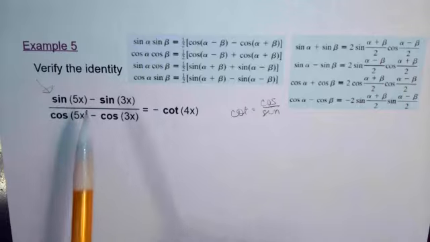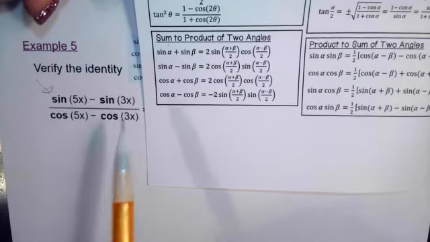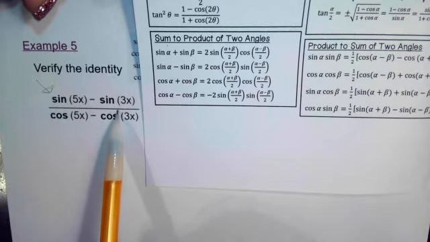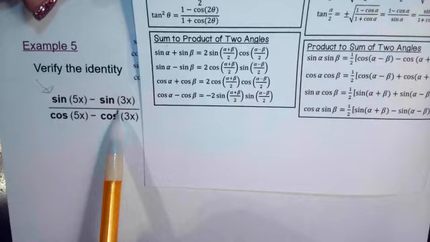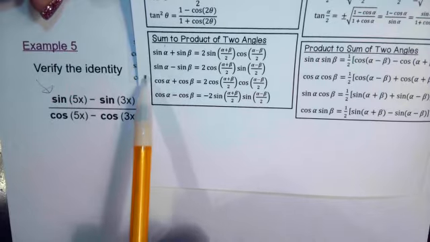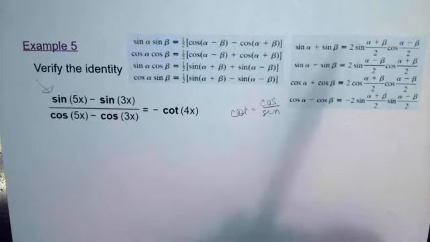So I have sum or difference on that side. Let's see. Yeah, I'm going to do this one here, sine of 5x minus sine of 3x. I'm going to do this one over the cosine minus, so I'm going to use these two.